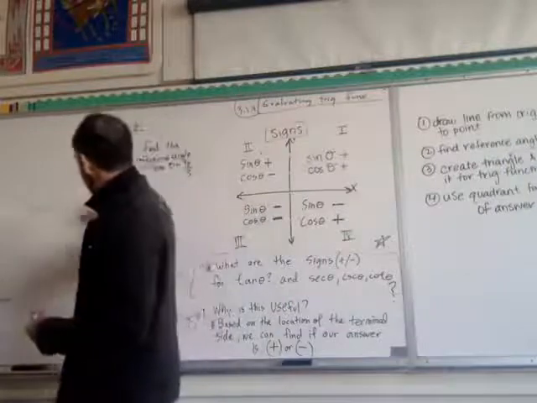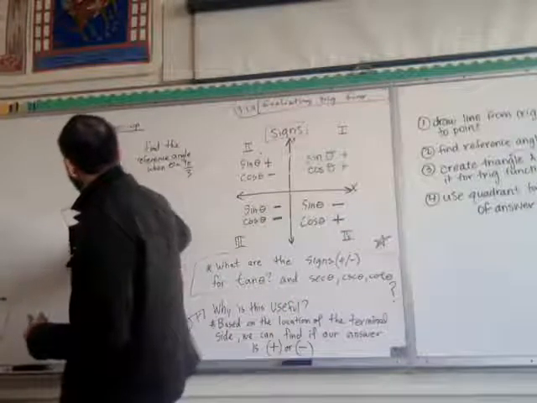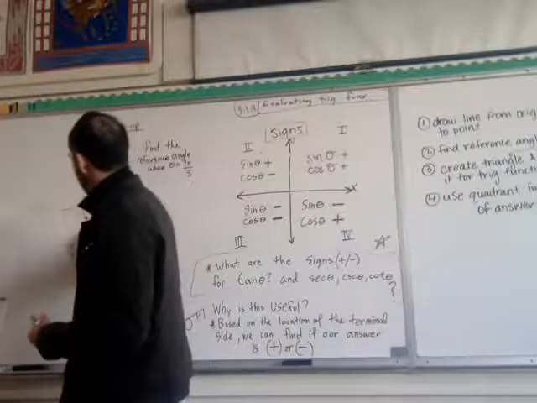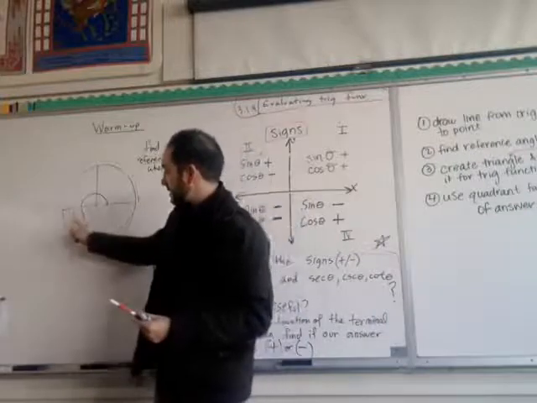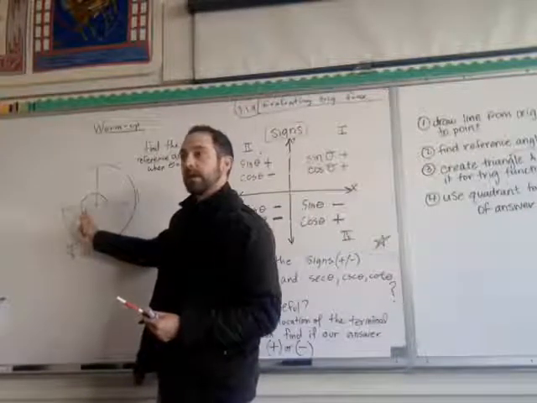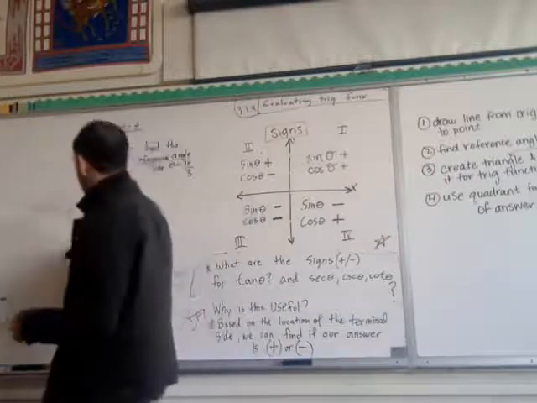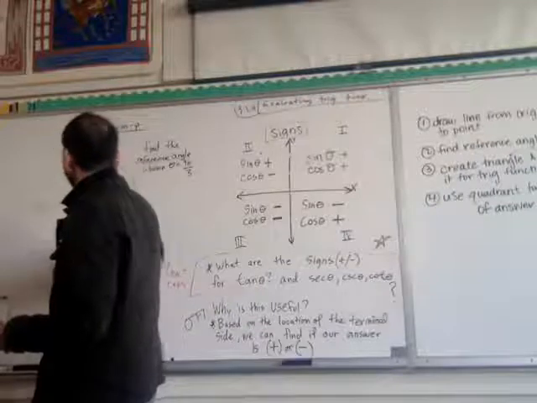Sorry, get rid of this. So we know this is our terminal side rotated from our initial over. So theta in this case, right, would be that reference angle here. Once you've identified what theta is, in this case we actually know that this theta is pi over 3. Sorry, it's so small.